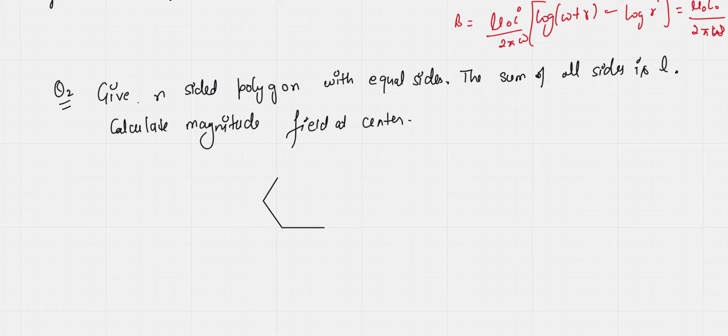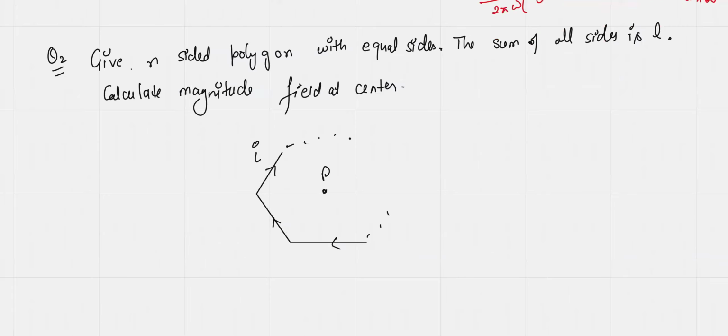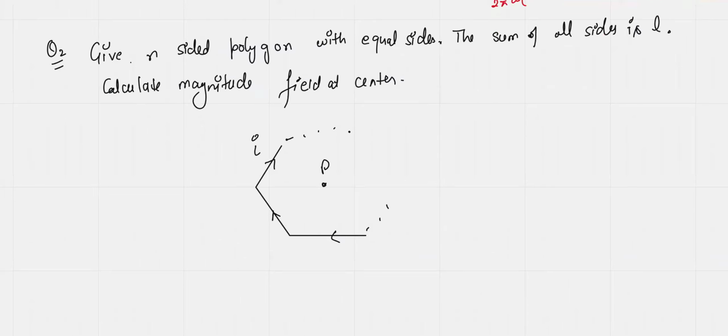I'm not making the rest of the part because we don't know how many sides there are. And this is the center. So you have to calculate the magnetic field at this point. And current is flowing in a loop, what is that? Current I itself. So if you understood the problem, please start solving the problem.